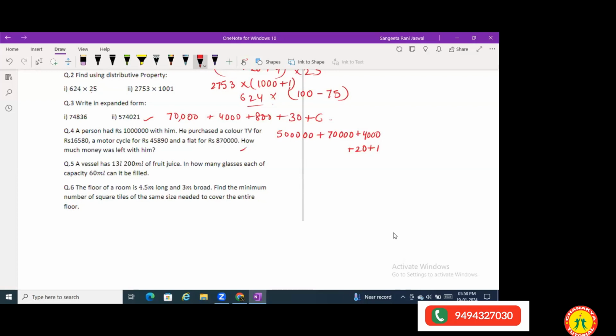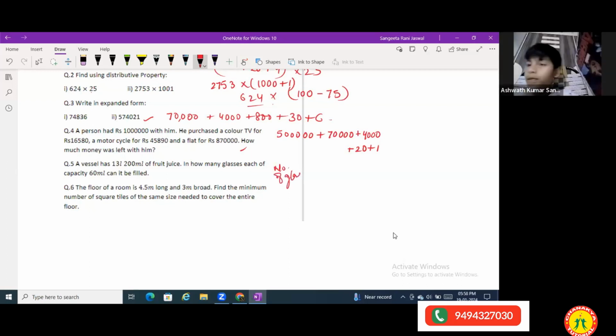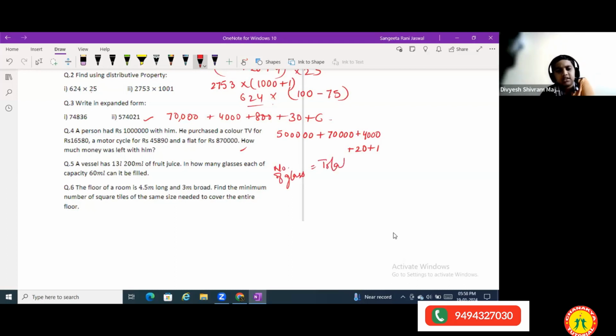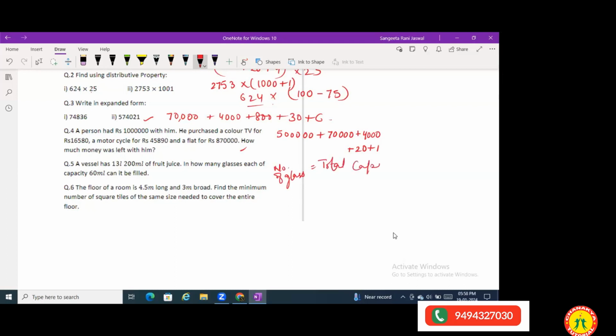Then next one is a vessel has 13 liter 20 ml of fruit juice. So total juice capacity is this much. In how many glasses each of capacity 60 ml can be filled? So how will you find the number of glasses? Total capacity upon capacity of one glass.